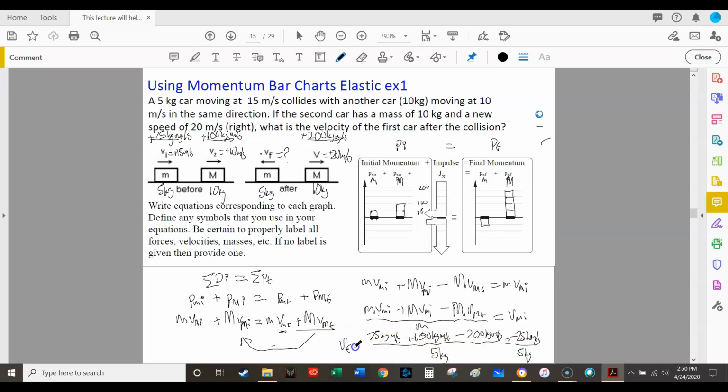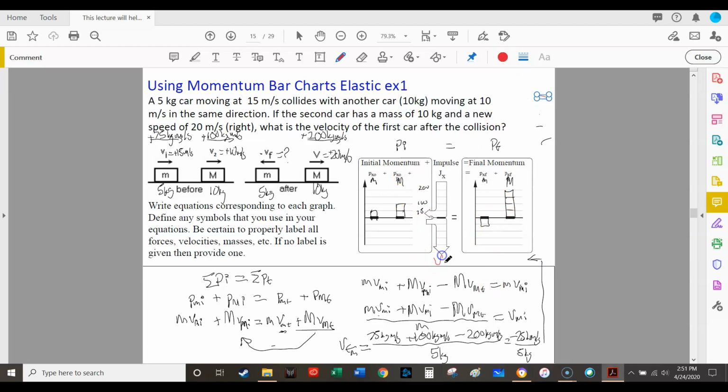And that's the final velocity of the small m object, right? So 25 divided by 5, what is that? Well, that is going to work out to be negative, and now I'll do this in red so it stands out.